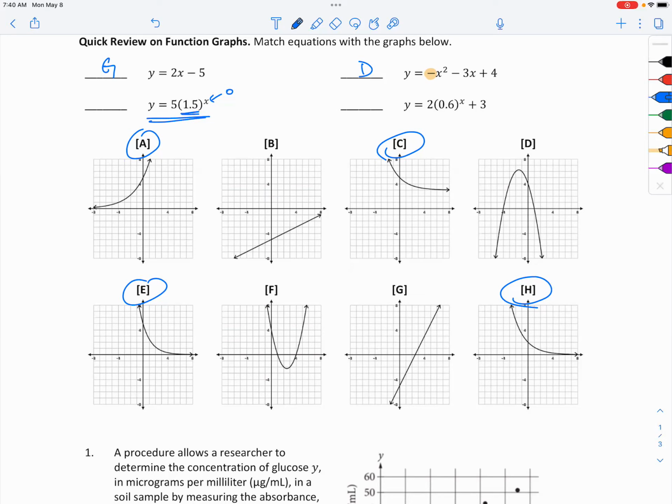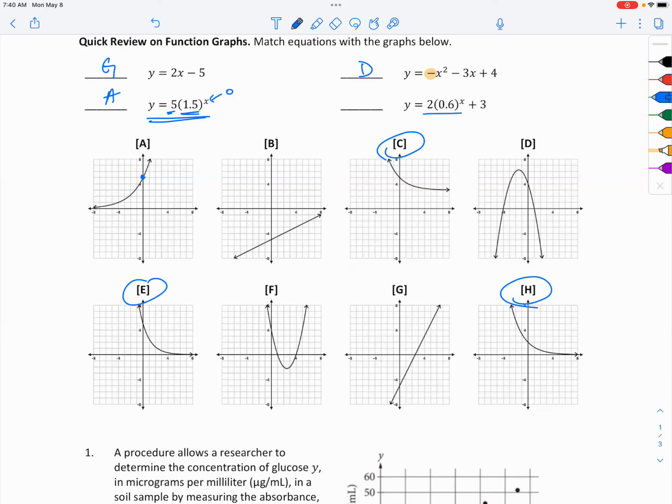Well, 1.5 to the 0 power is 1. 1 times 5 is 5. Do I have a 5 right here? Yes, so that confirms your decision. So A is gone, and now we have 3 graphs that are exponential.